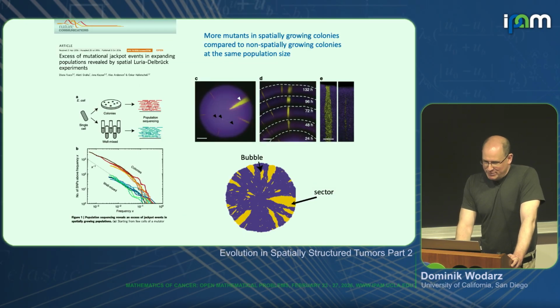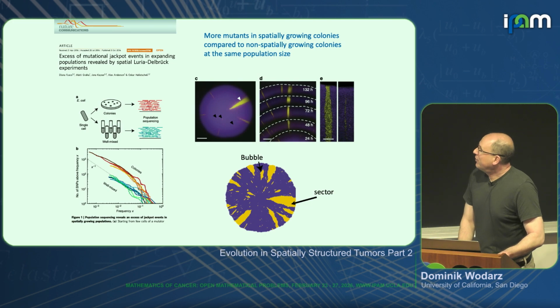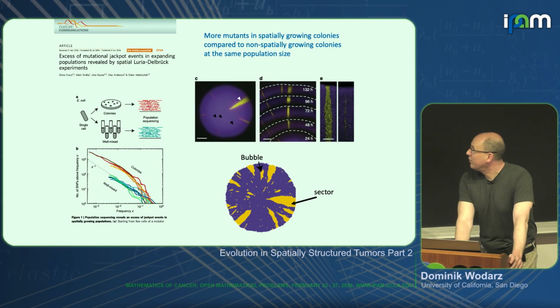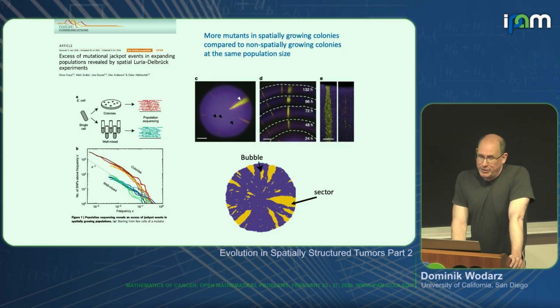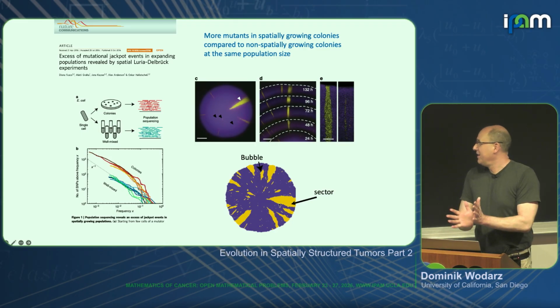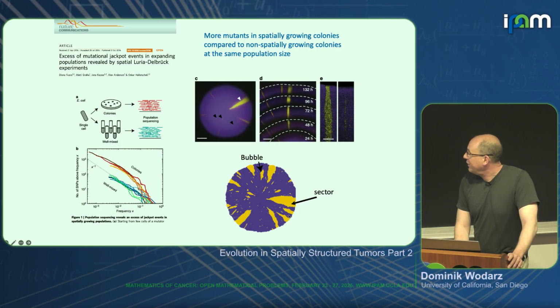And when you talk about range expansions, one of the important papers is by the group of Oskar Hallatschek, who showed very elegantly, both experimentally and with computational models, how these mutant populations can evolve in a spatial setting. So you get these sectors emerging that expand and grow at the surface.